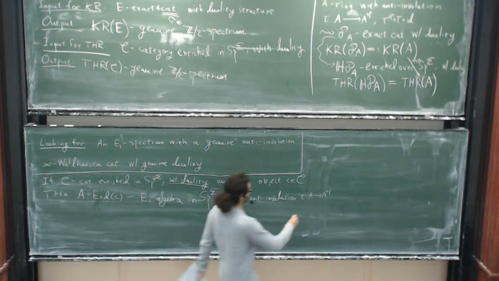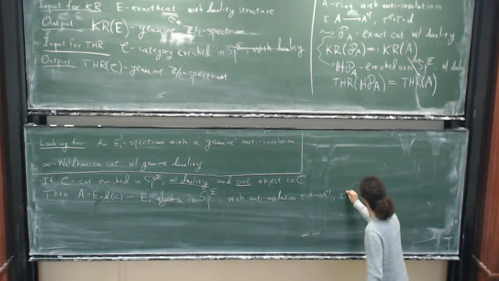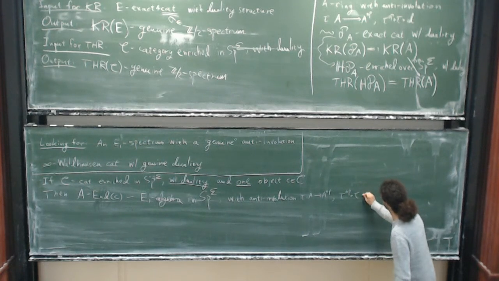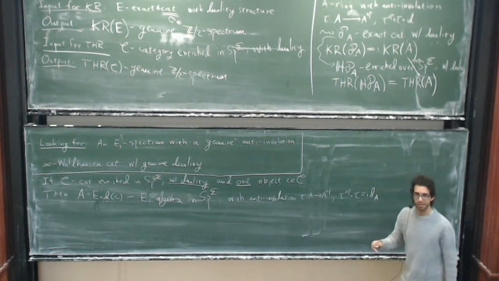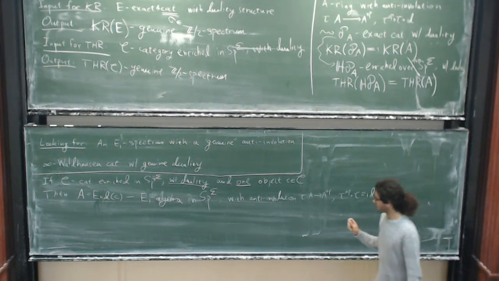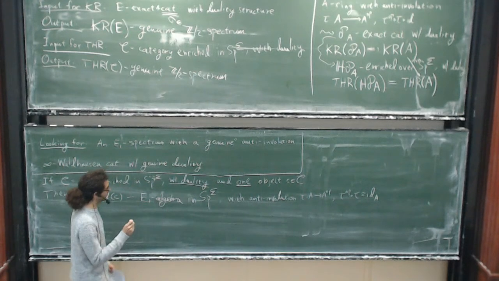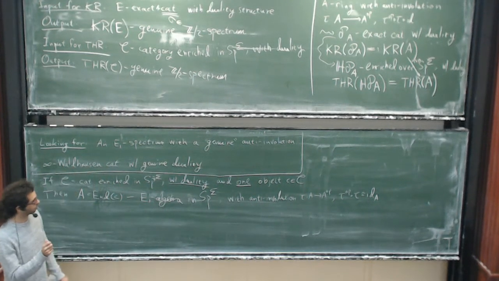Yes, and also if you take tau op and compose it with tau, it should be isomorphic to the identity. It's now a self map. Maybe it should be actually equal.